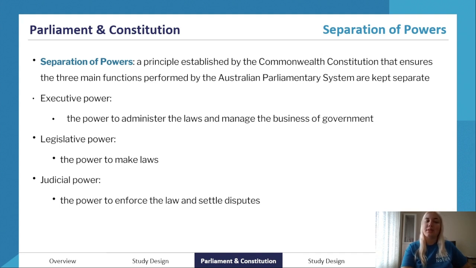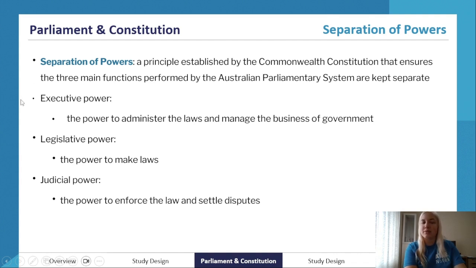Now, legislative power is the power to actually make laws. These are all of our members of parliament that are both in the lower house and in the upper house. So what can we see here immediately? Well, the separation of powers is not actually separated because executives are also members of parliament.